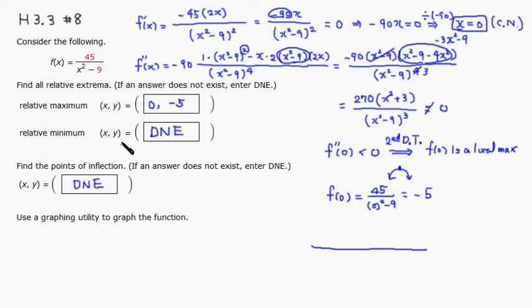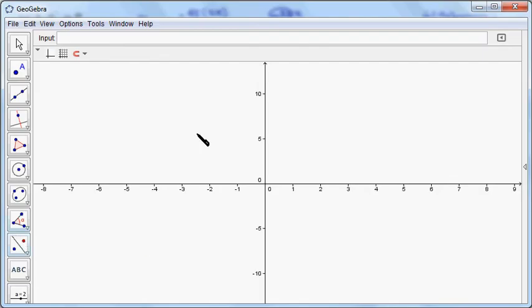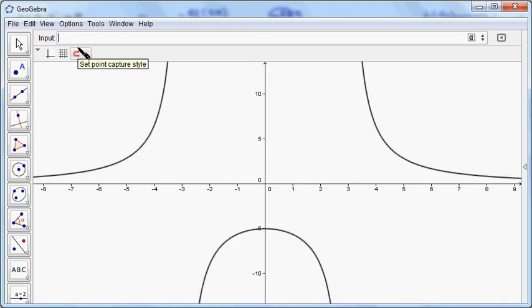Then we can sketch the graph using GeoGebra. So let's open up GeoGebra. Okay, so let's type in the function, which was y equals 45 over x squared minus 9. Then hit enter.